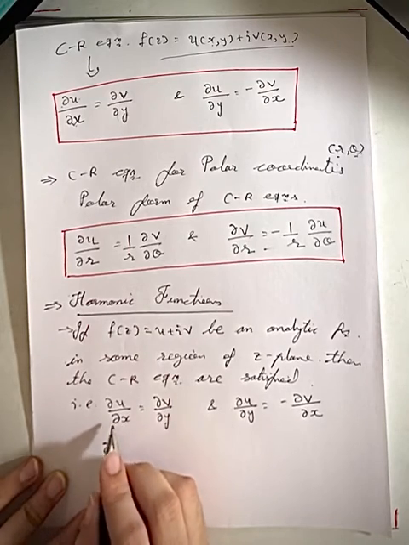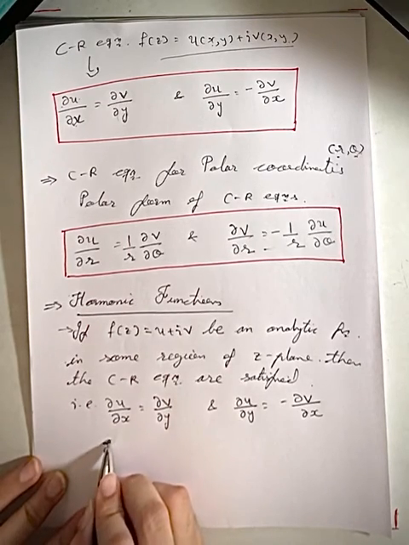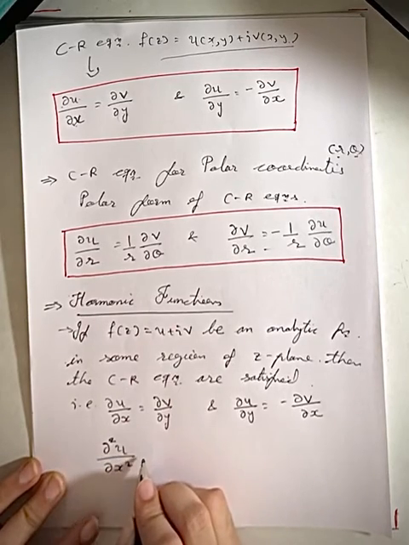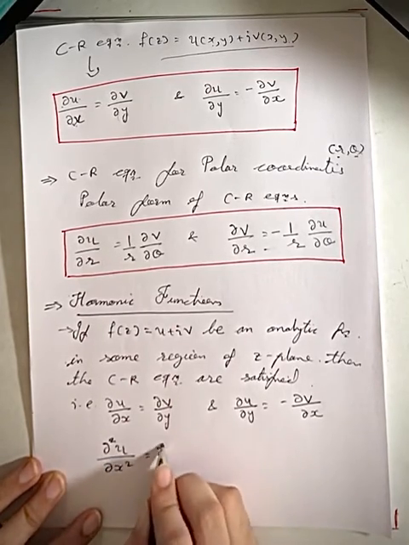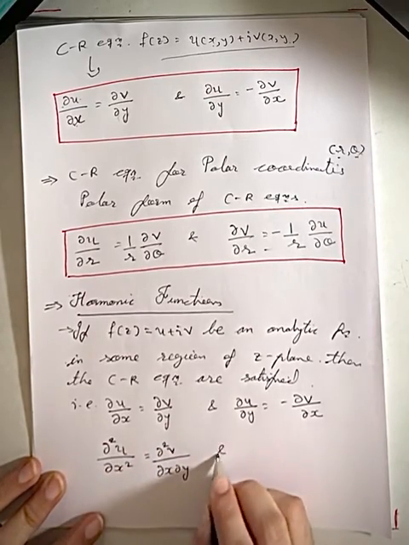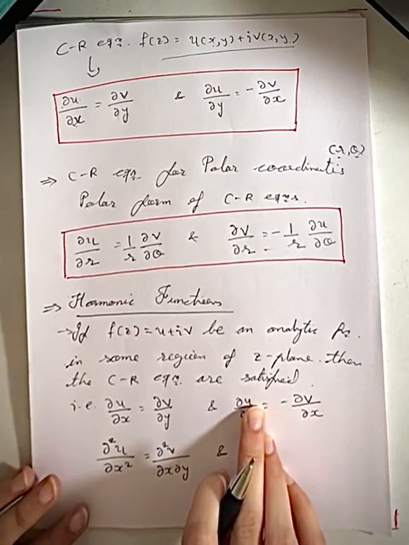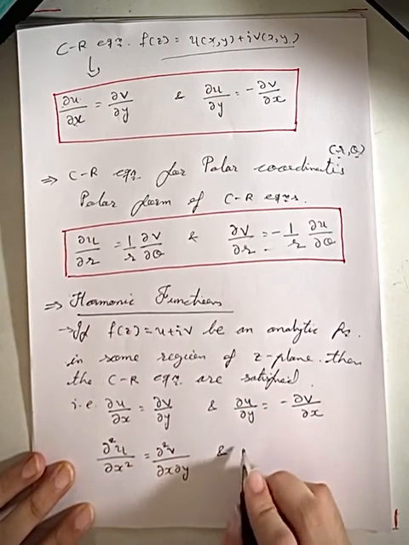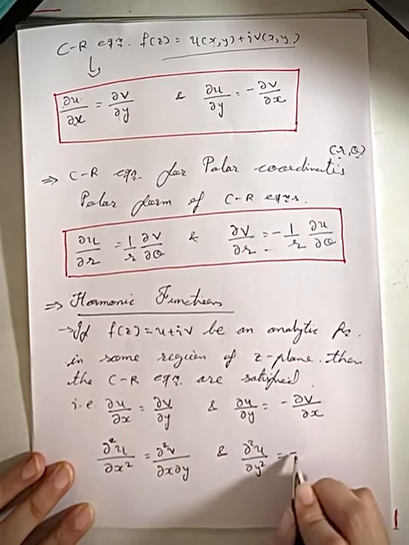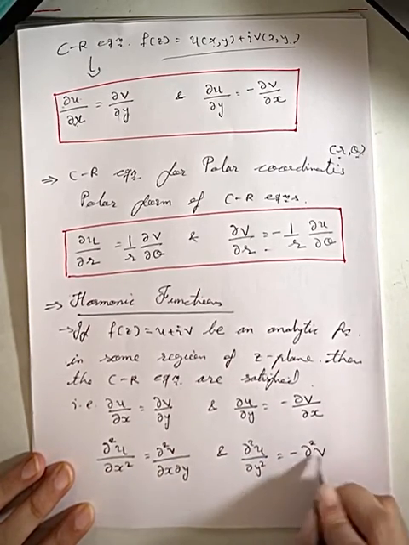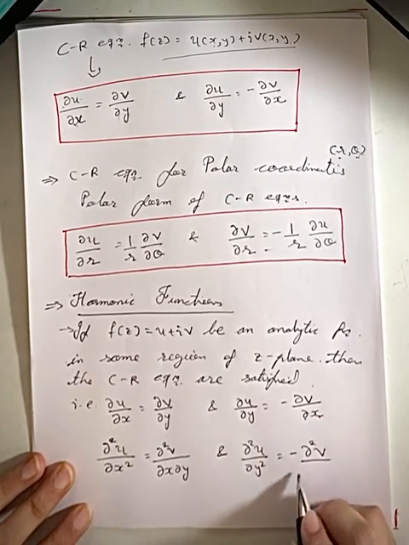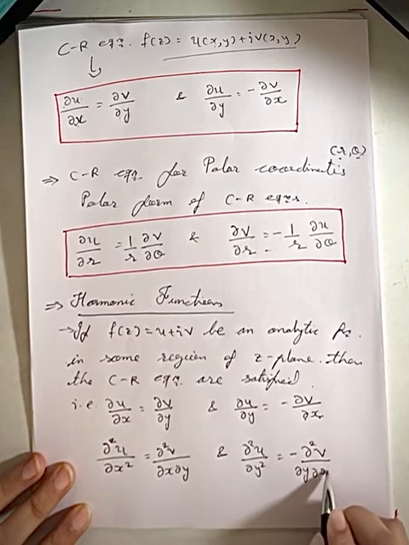So if we differentiate it once more with respect to x, then it will be del square u by del x square, and this will be equal to del square v by del x del y. Similarly, if we differentiate this with respect to y once again, then this will be del square u by del y square, and here minus del square v by del x, which is already there, and we are differentiating with respect to y, so del y del x.